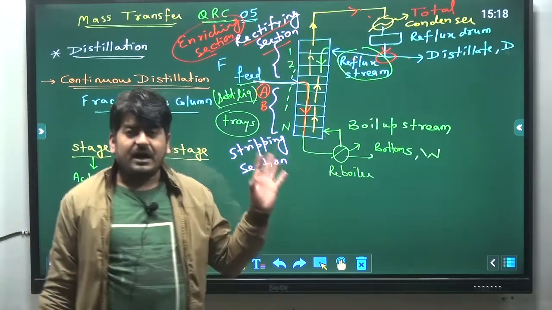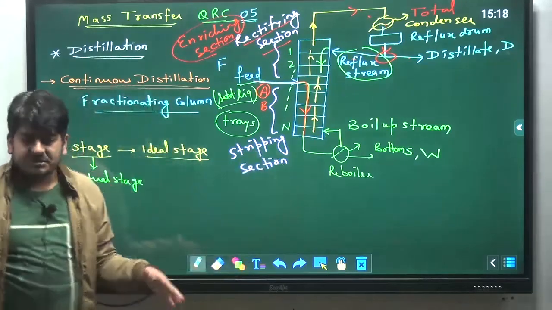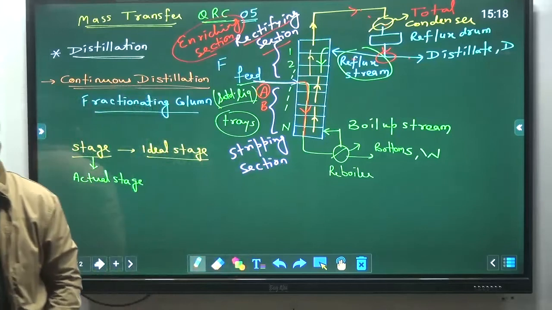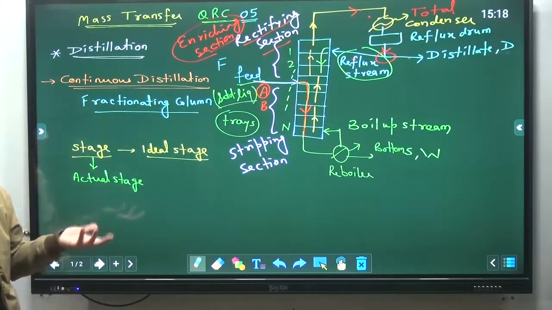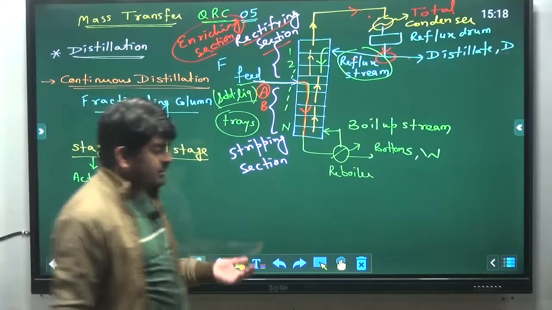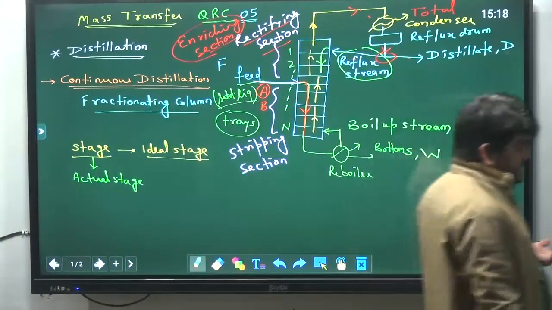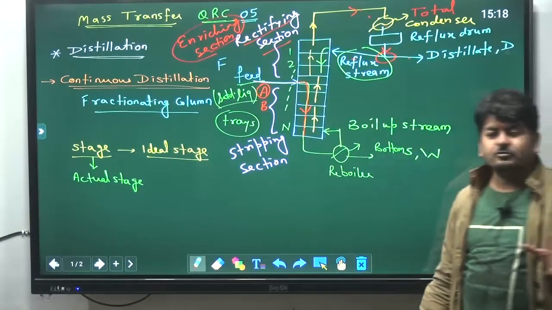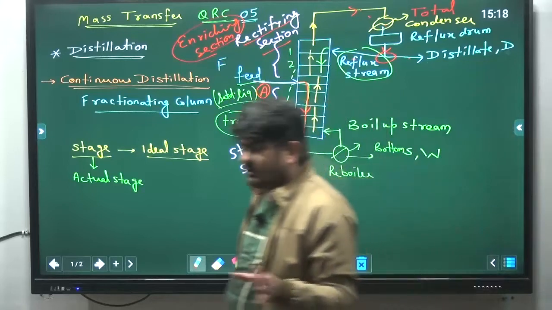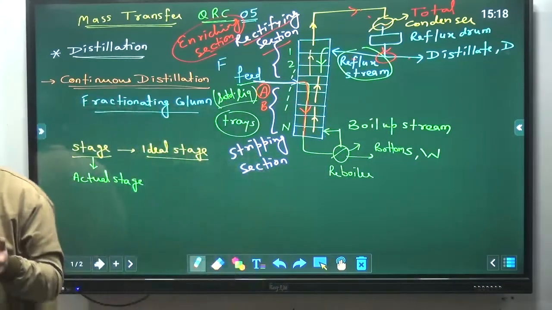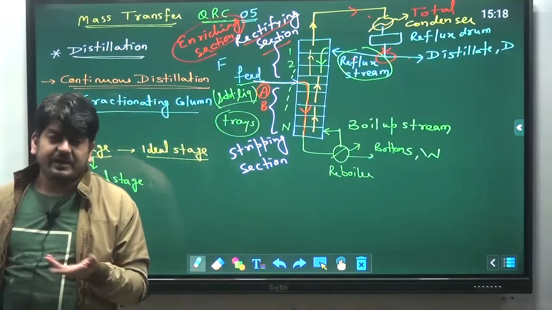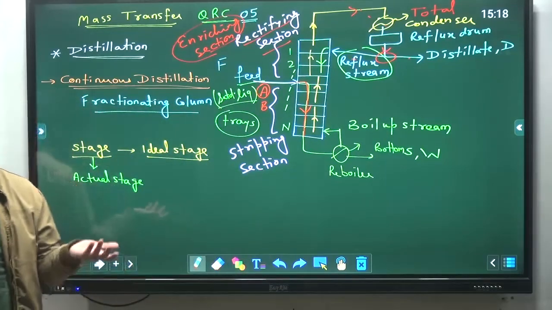So this is the idea of continuous distillation. If it is clear to all of you, then wonderful. Now let's talk about the designing. As chemical engineers, we mainly do the process designing of every equipment, because mechanical designing can be done only after completing the process designing.